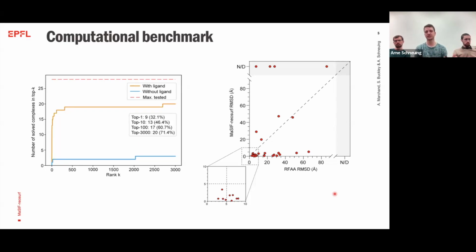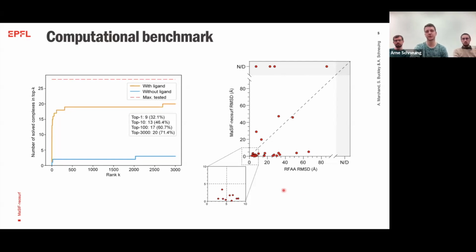We processed them with massive. We put the correct binders in some kind of big pool with 9,000 other decoy proteins, and then used this massive site approach to screen this pool and see if we can recover the best binders in the top hits. And this worked for about 70% of these cases.